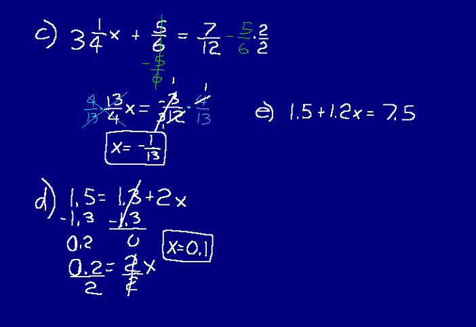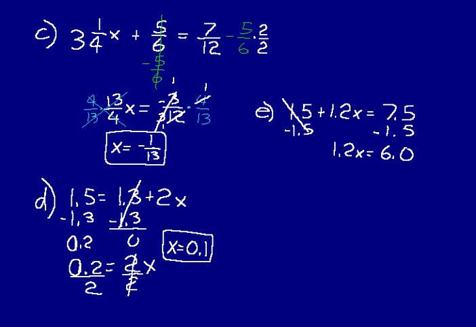Let's do the addition rule first on the left. We recognize that we need to do that because we have a plus sign there on the left side in front of the x variable. And so we'll subtract or add a negative 1.5, however you want to think about it. Add a negative 1.5 to both sides. That cancels on the left. And we have 1.2x is equal to 6.0.